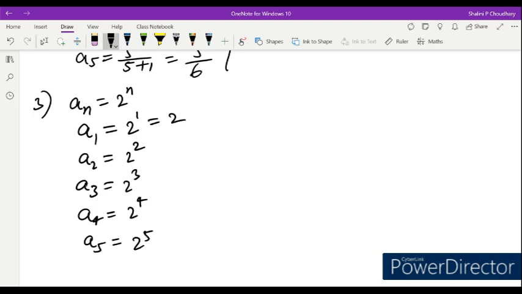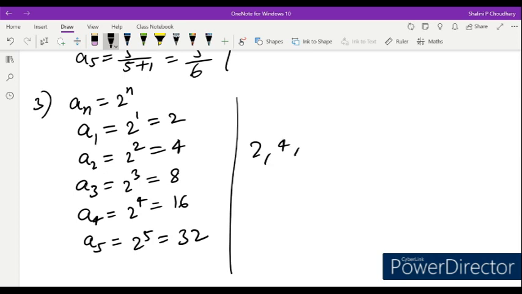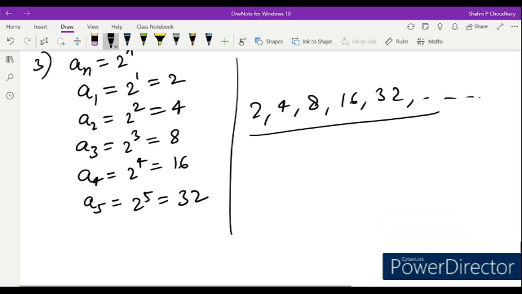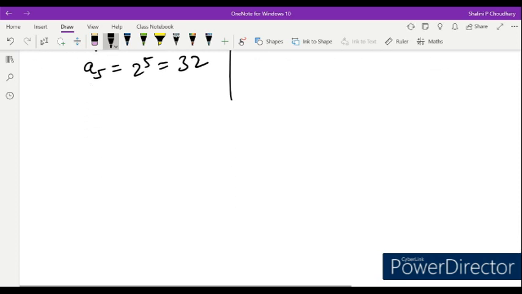So this will be 2, this will be 4, this will be 8, 16 and 32. So the sequence is 2, 4, 8, 16, 32 and so on. Okay, so these are the first 5 terms of the sequence.